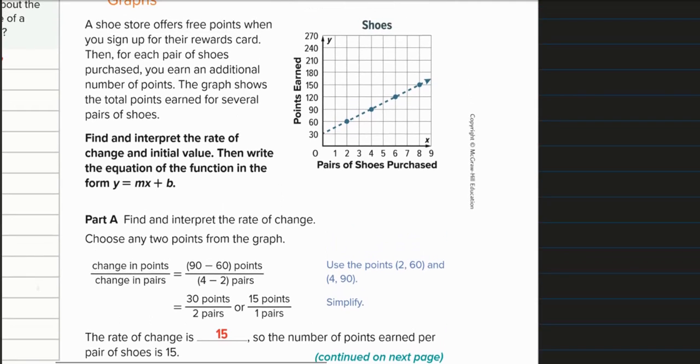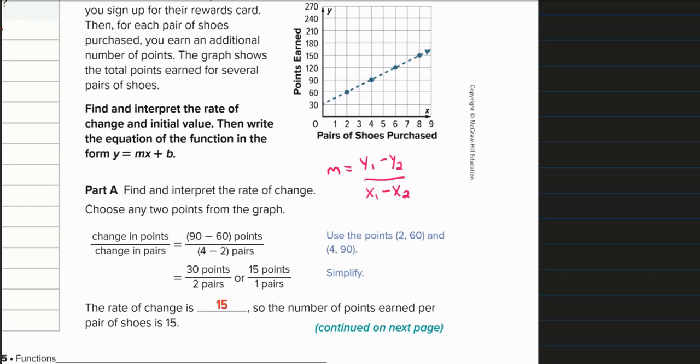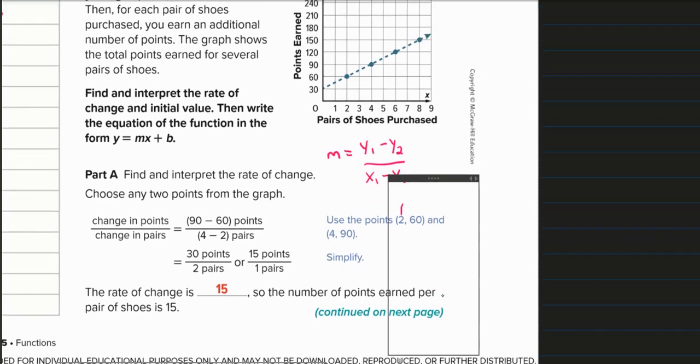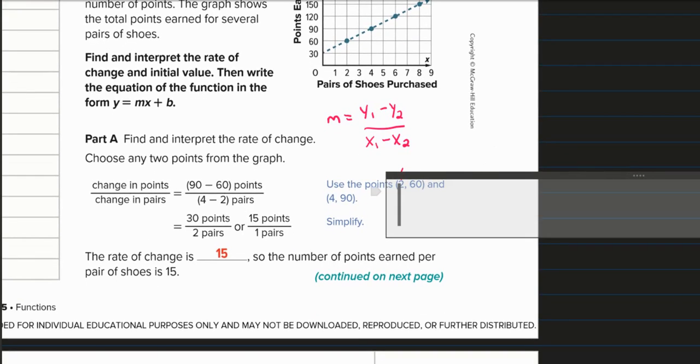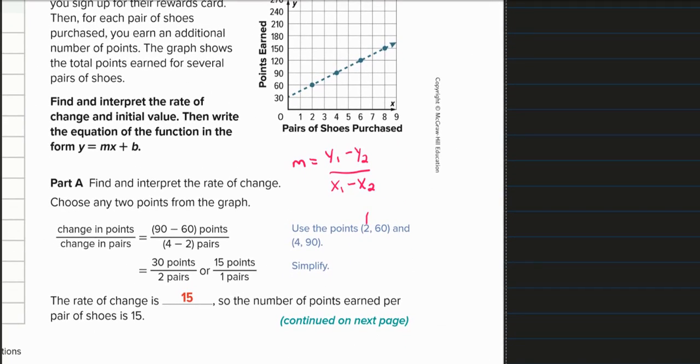So remember how we also said our slope equals y1 minus y2 over x1 minus x2. And we can figure that out by labeling our points. Notice how they say use the points (2, 60) and (4, 90). Our 2 is going to end up being our x1.